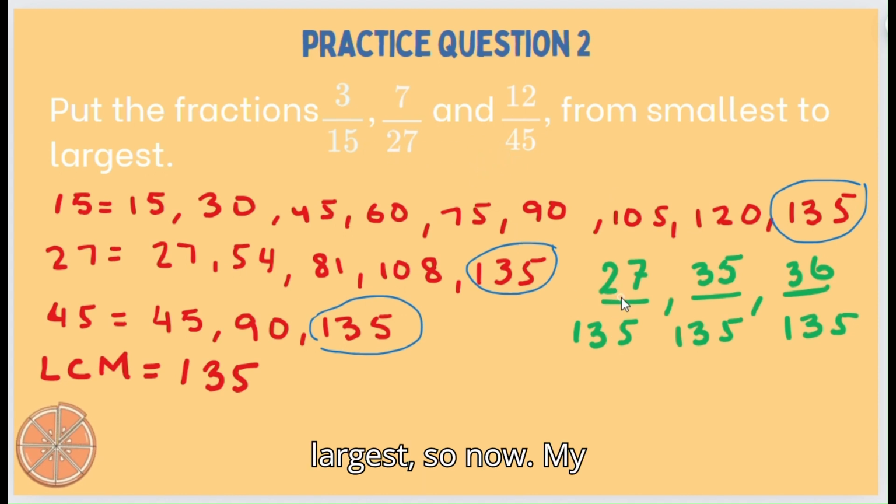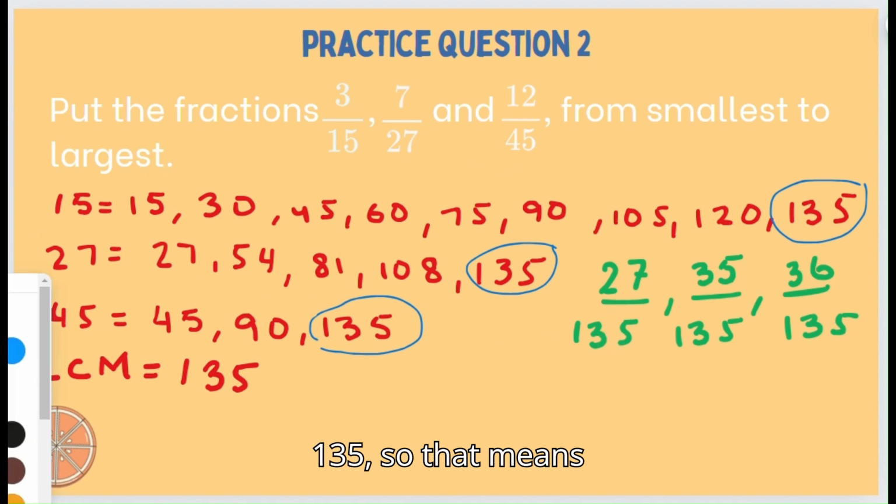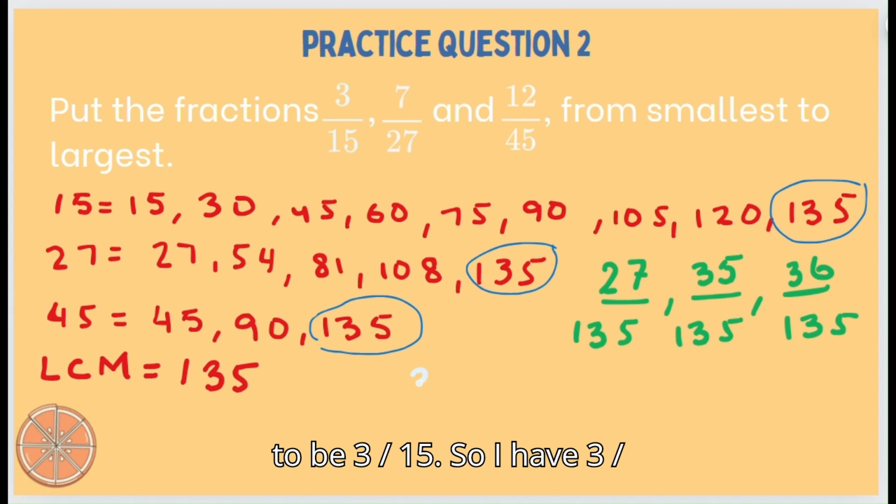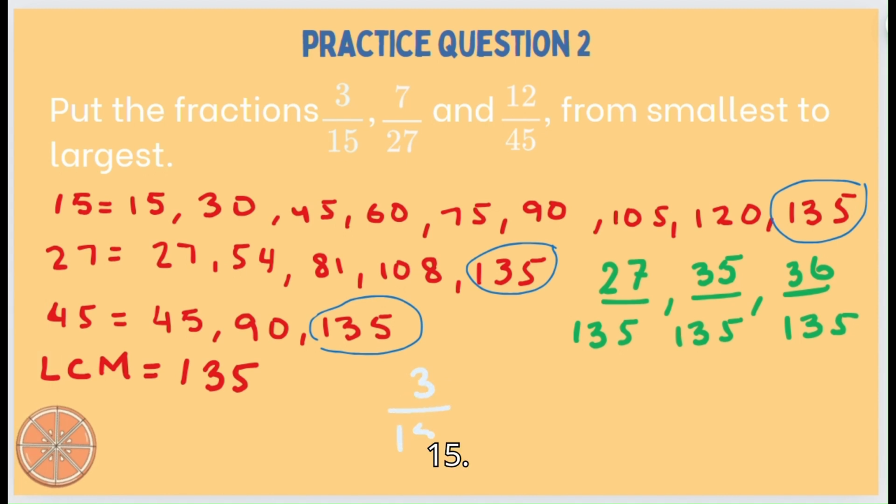So now my smallest fraction is 27 over 135, so that means that my first fraction, my smallest fraction, is going to be 3 over 15. So I have 3 over 15.